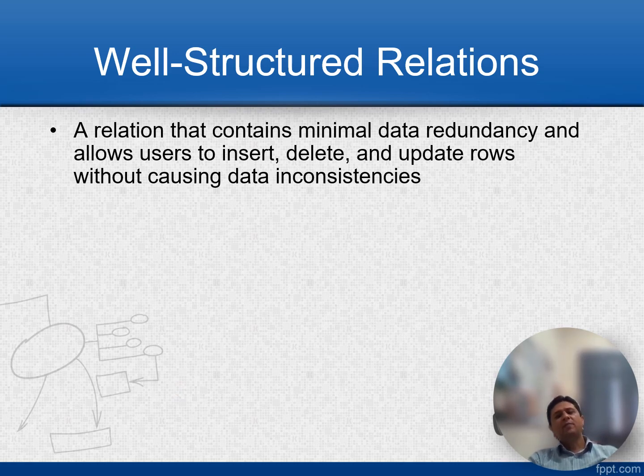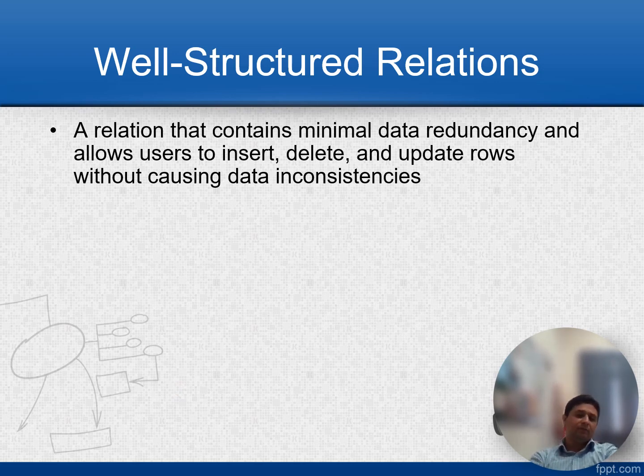So if we are able to apply all of these operations without causing any inconsistency on a relation, that relation would be a well-structured relation. Otherwise, if we are not able to apply these operations on a relation, and for example there is a threat to consistency while we perform these operations, then it would mean that the relation is not a well-structured relation. Rather, that relation has anomalies.